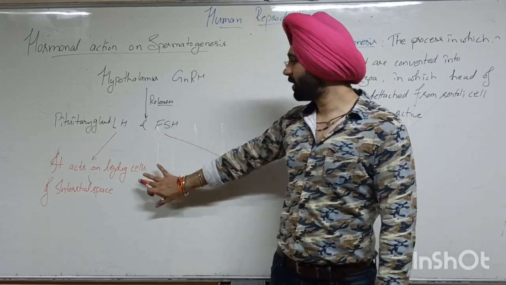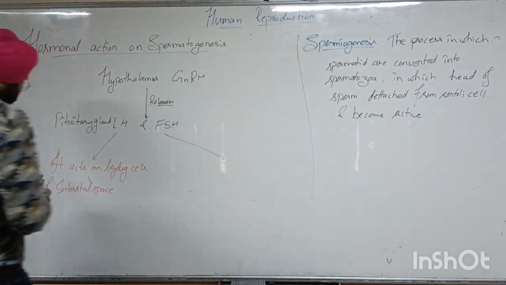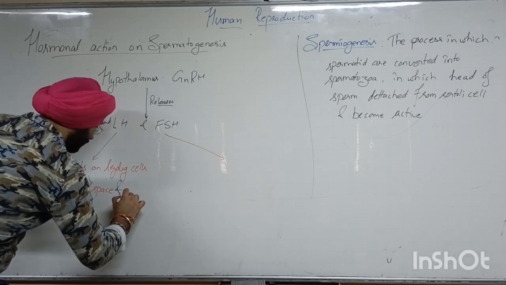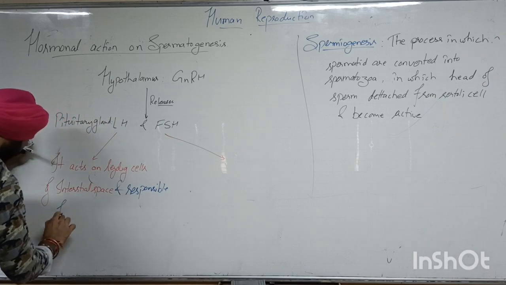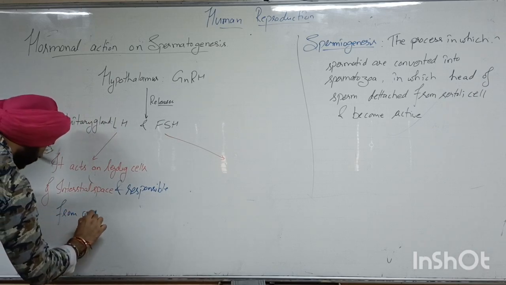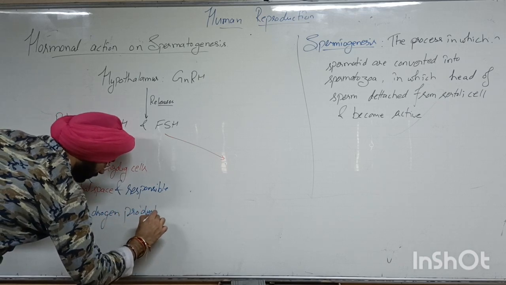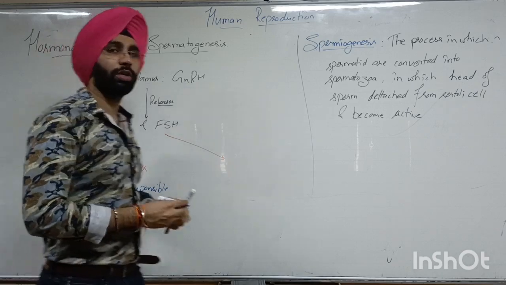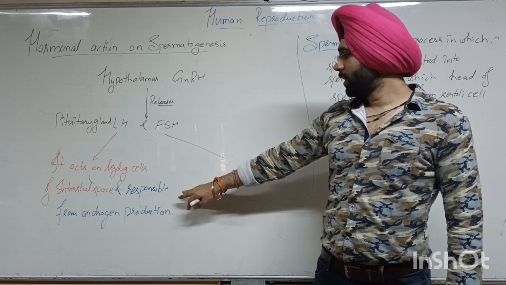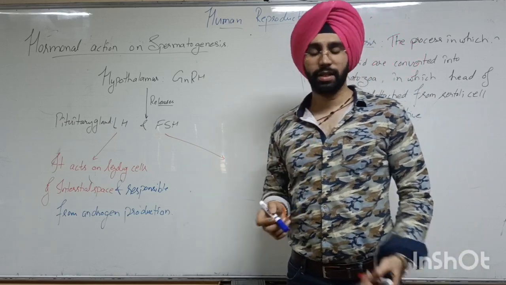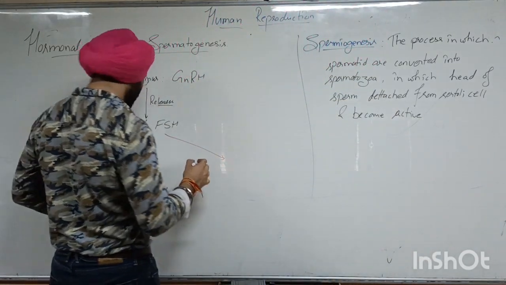So it acts on the Leydig cells of the interstitial space and is responsible for androgen production in males. That androgen, as you already know, is testosterone. So the LH hormone is responsible for production of androgen, which in males is known as testosterone.